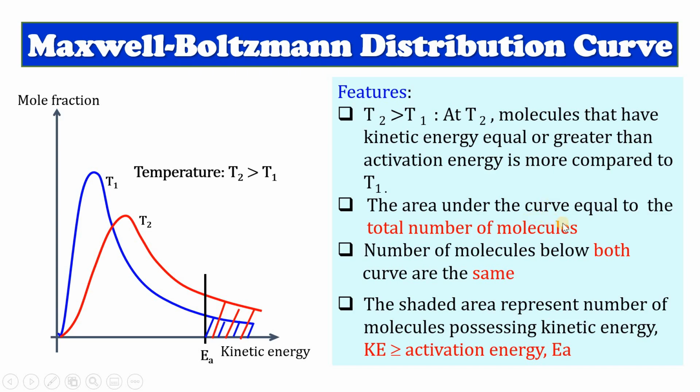The total area under the curve equals the total number of molecules, and the number of molecules below both curves is the same. The shaded area represents the number of molecules possessing kinetic energy same as or more than activation energy EA.